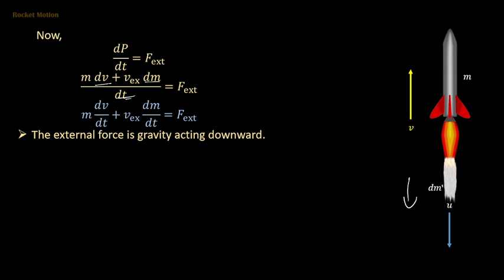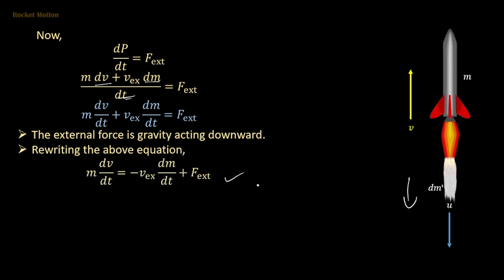The external force is basically the force of gravity, which acts in a downward direction. We rewrite this equation in this form. What we see on the left hand side is the mass of the rocket multiplied by its acceleration, so that represents the net force acting upon the rocket. The net force acting upon the rocket consists of the two forces on the right hand side.